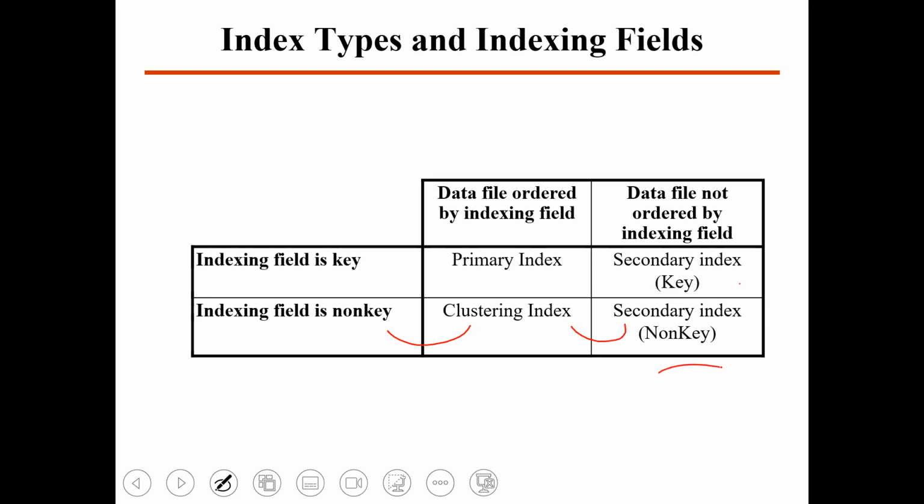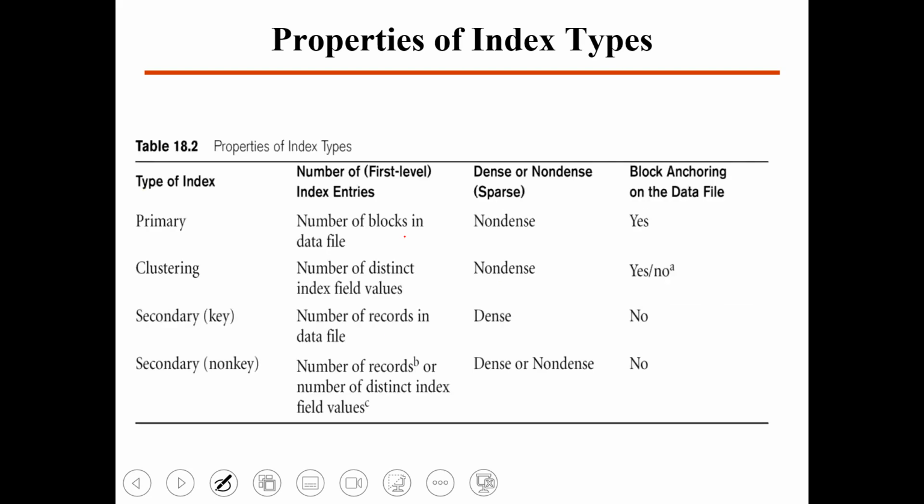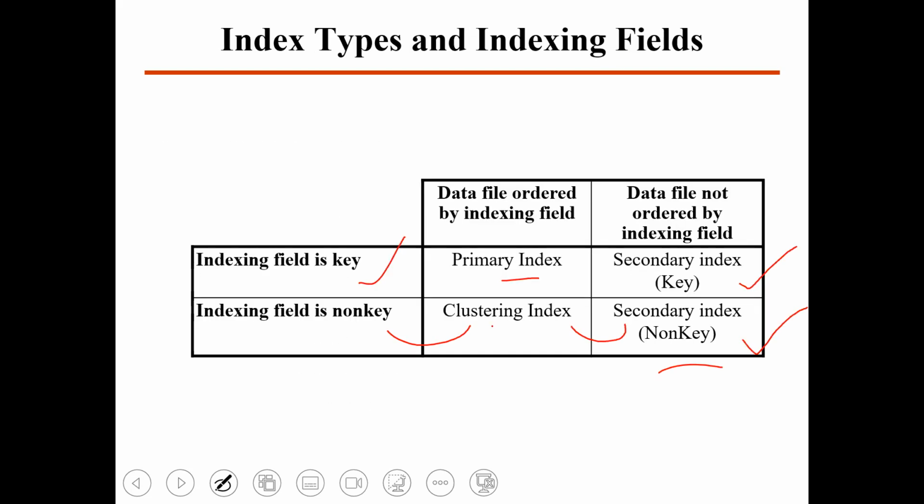So the secondary index can be made on key values or on non-key values, whereas primary indexes are made only on key values. A clustering index can be made on non-key also. If you make a cluster index on a key, it becomes a primary index. That is the reason why on a given table we can have either a cluster index or a primary index, but not both at the same time.